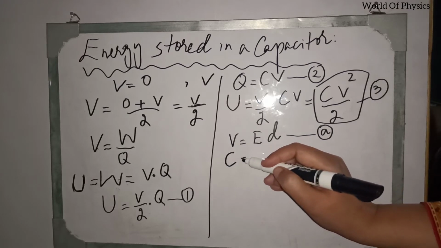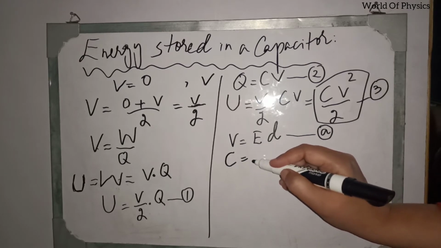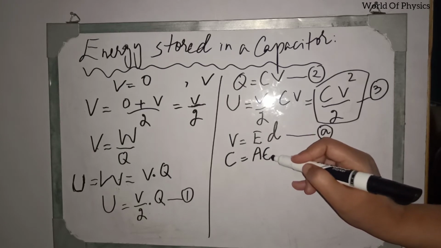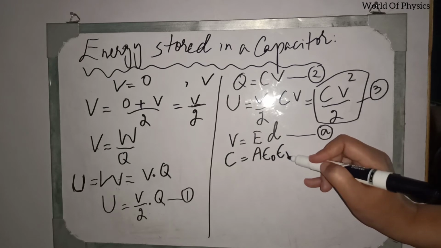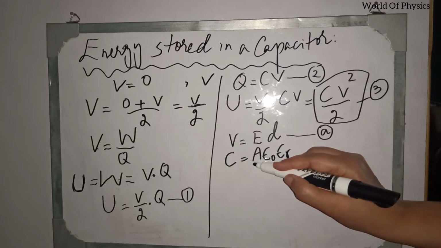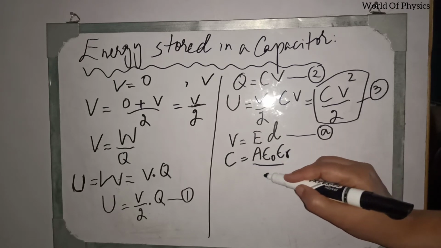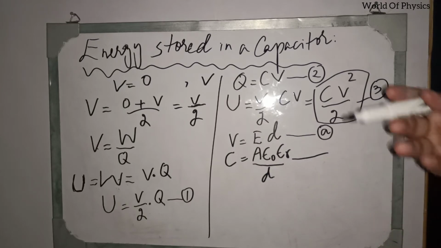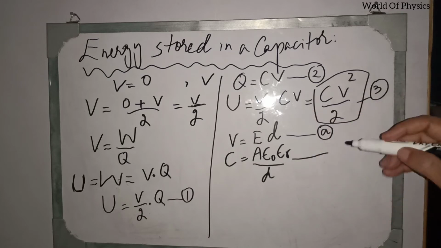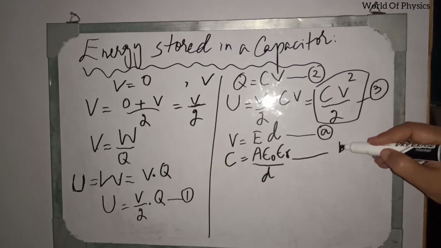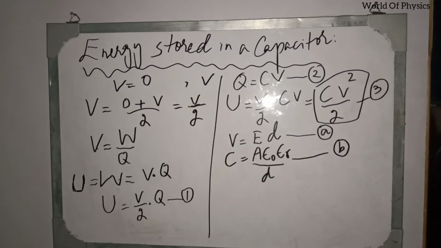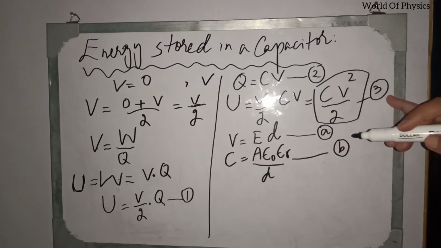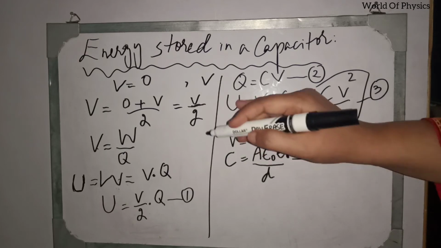That value is equal to A, that is area of the plates, epsilon naught epsilon r divided by D. This is the value of C, which we have already derived in some previous lecture. Say this is equation number B. As we have got both values V and C, by putting these values in equation number 3 we can get the value of U.